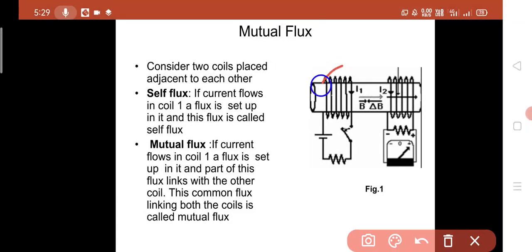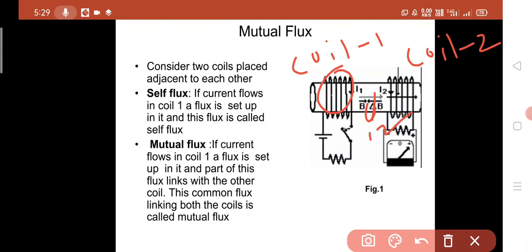This is coil 1, and this is coil 2. Second one is mutual flux.